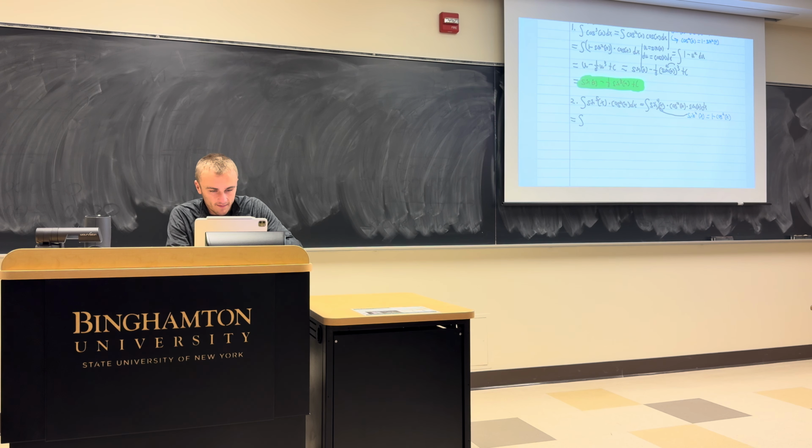So we have the integral of sine squared of x squared, times cos squared of x times sine x dx, and we're just substituting in this whole part right here into there.